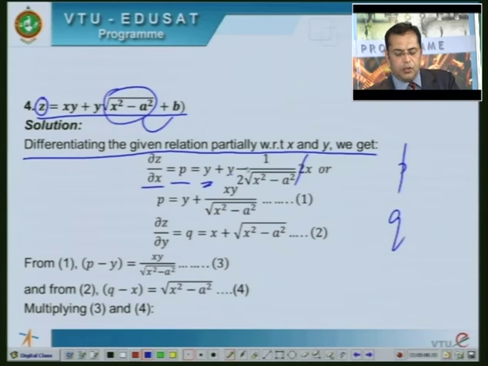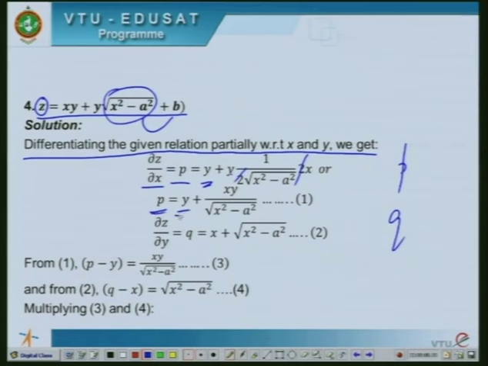You can cancel the 2 there and rearrange, and you get p equal to y plus xy divided by root x square minus a square. Let us call that equation 1.